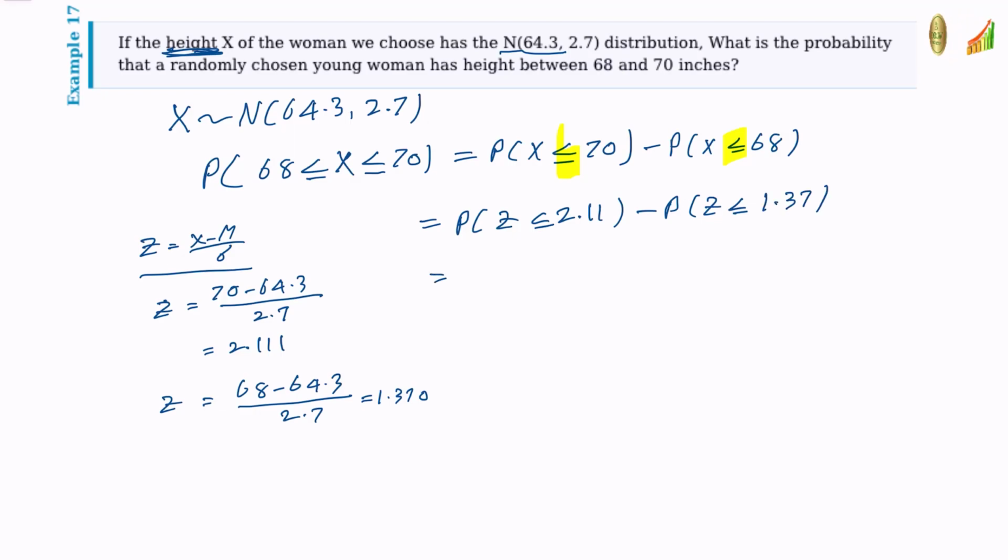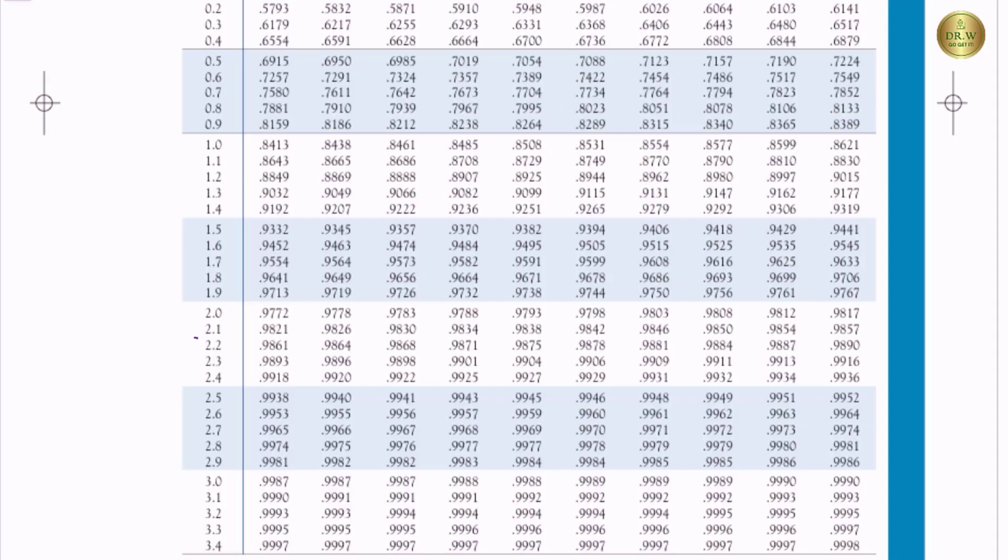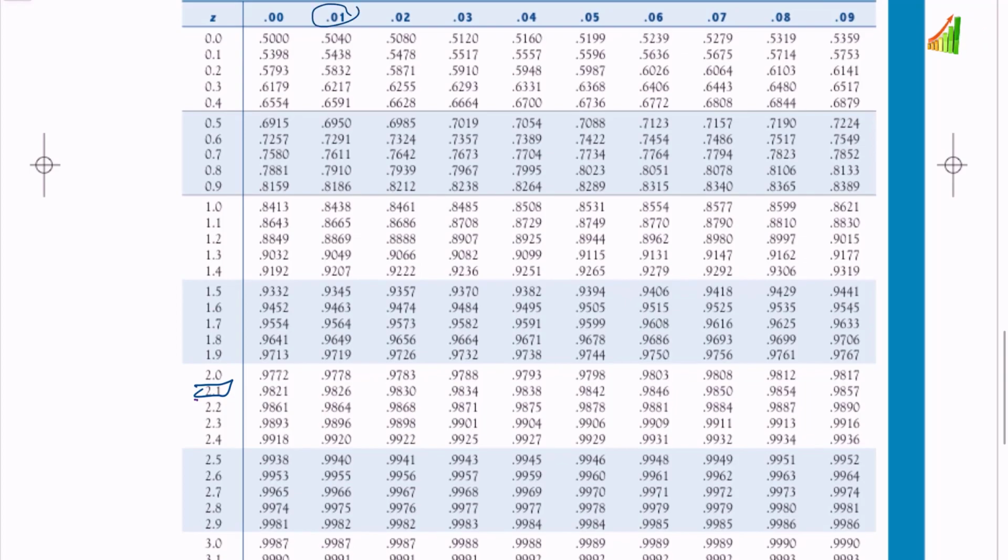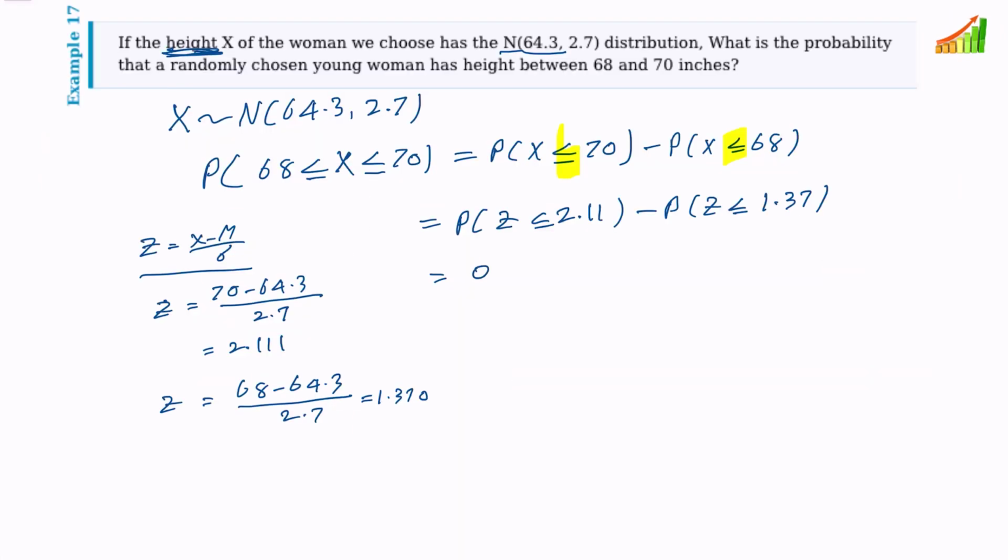Then we need to find the probabilities using the z table. First 2.11. 2.1 is here and 1 is here, and this is 0.9826. So this probability 0.9826 minus the next probability z less than or equal 1.37.